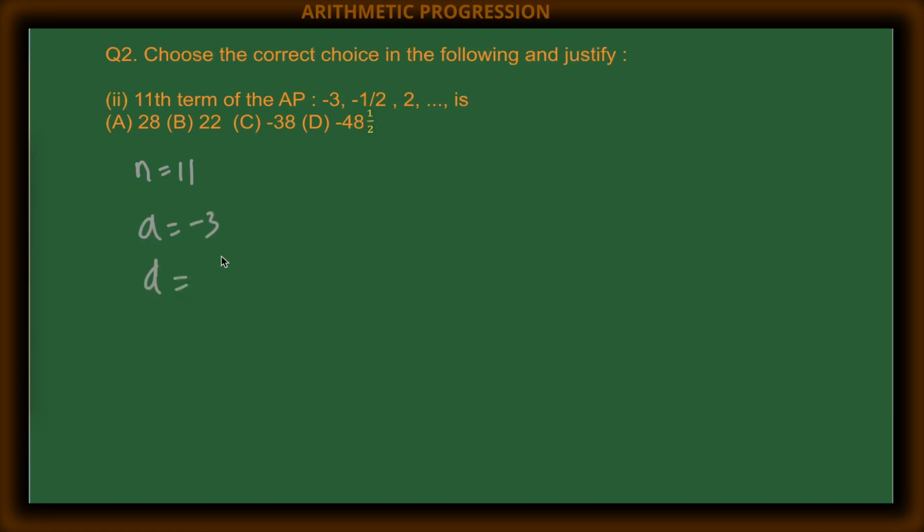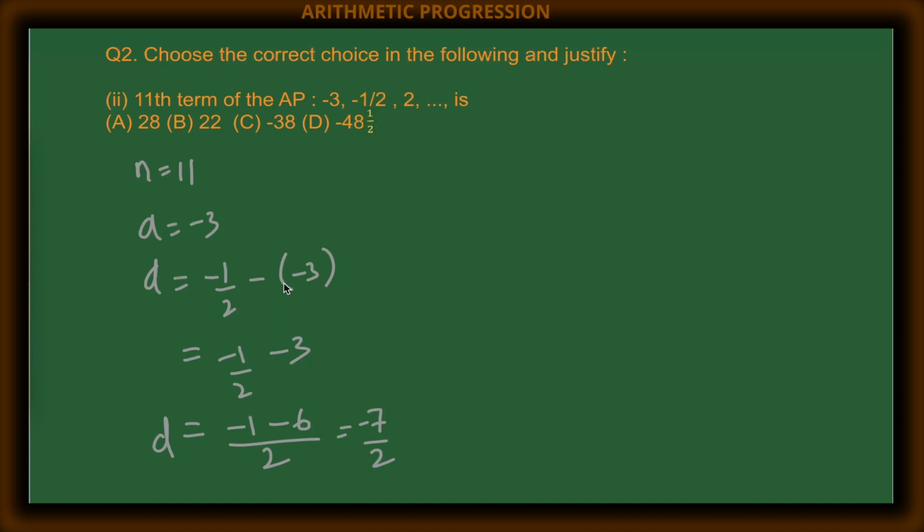D is what? Minus half of minus 3. Minus half, minus into minus, plus 3. So take the LCM. 2 minus 1, minus 3 2 is 6, minus 7 by 2.